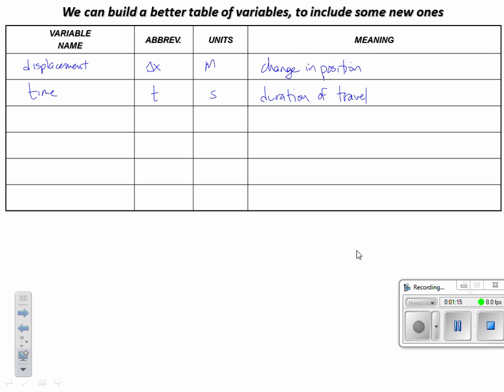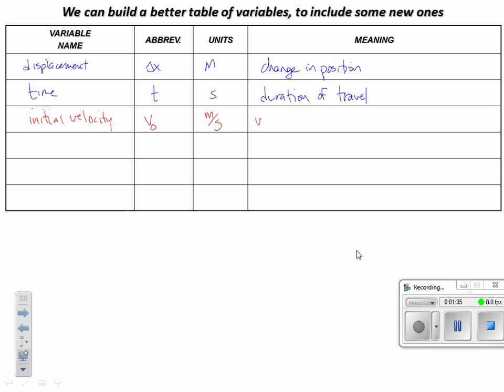What else? Well, I'm going to add something new here. Initial velocity, v naught, measured in meters per second.